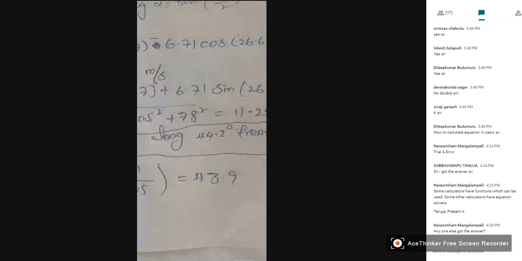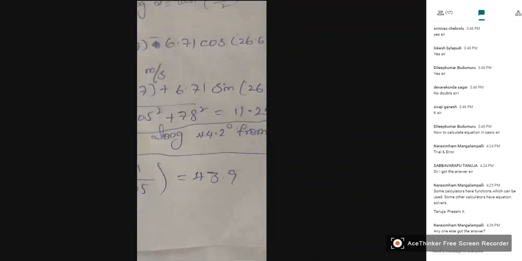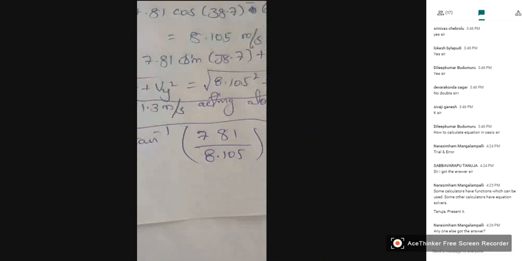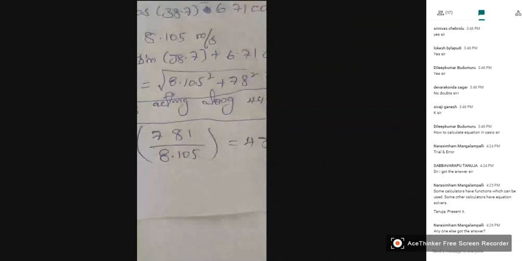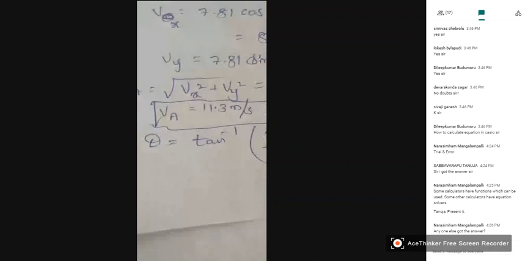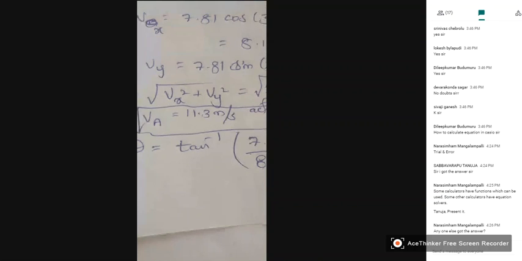In the negative direction, minus 6.71 cos theta, sir, plus 8 is neutral. Vy is 7.81 into sin theta, sir, plus 6.71 sin theta. After that, V is equal to square root of Vx square plus Vy square.